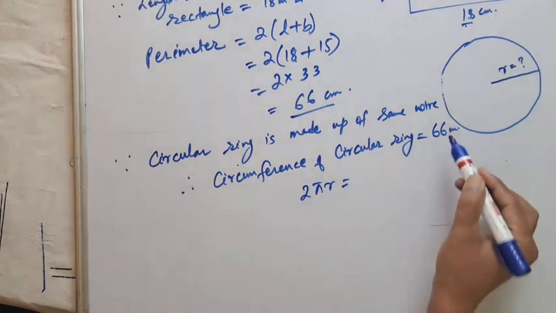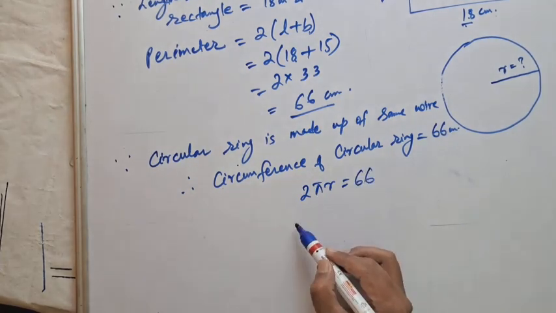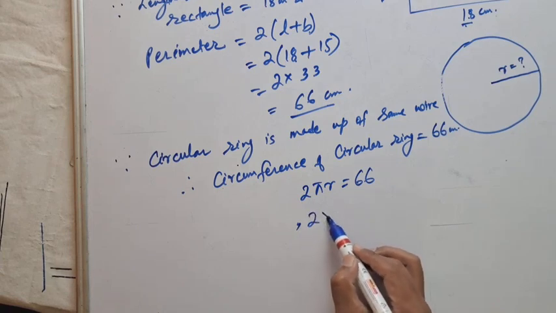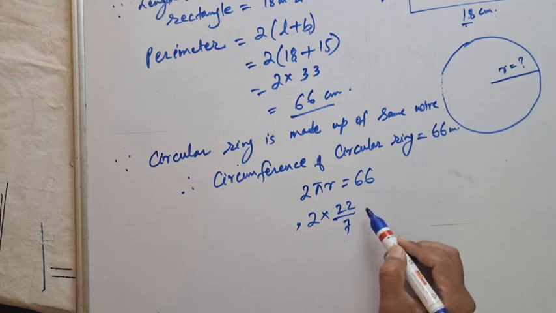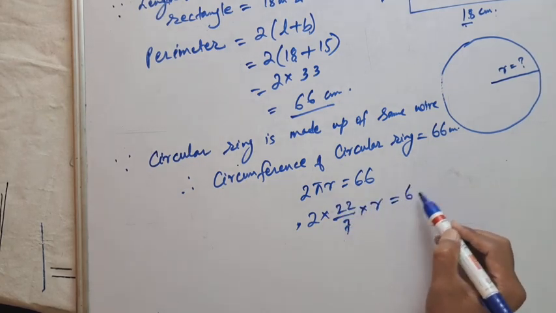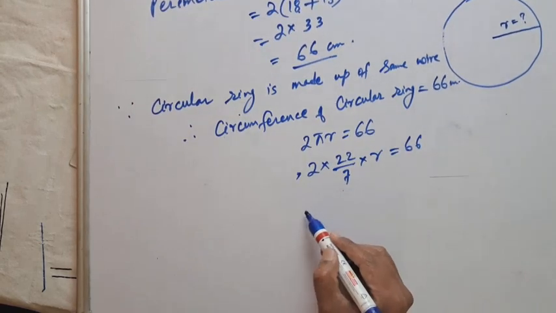So 2 pi r equals 66, or 2 into pi, which is 22 by 7, into r equals 66.